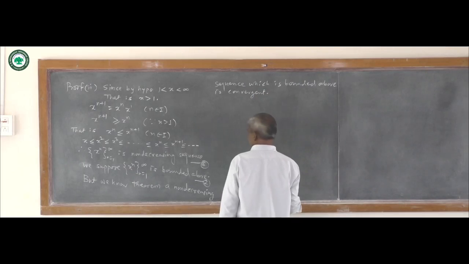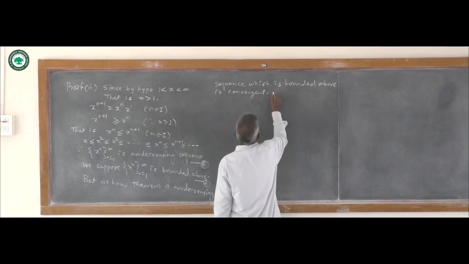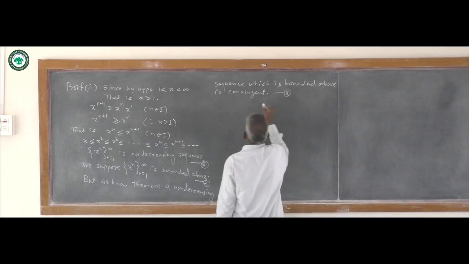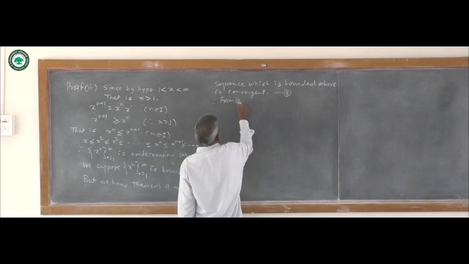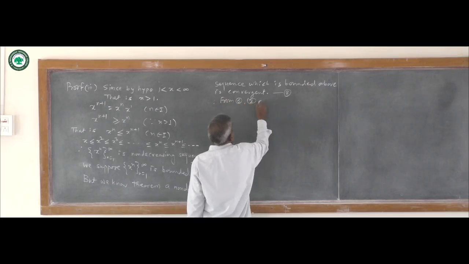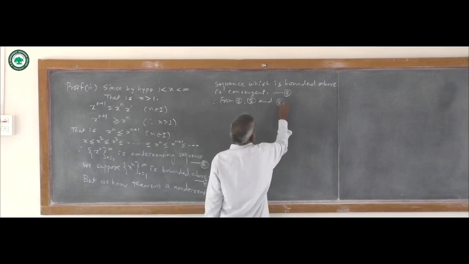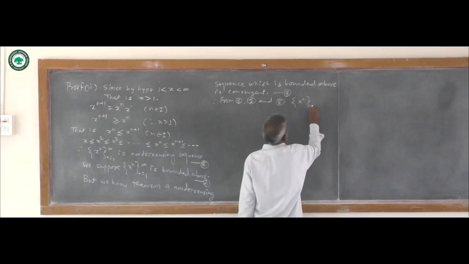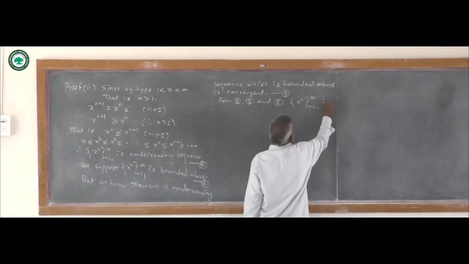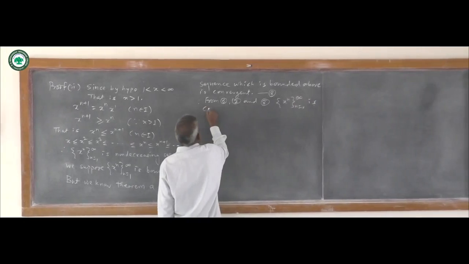This is 8. Therefore, from 6, 7 and 8, the sequence x raised to n, n is equal to 1 to infinity, is convergent.